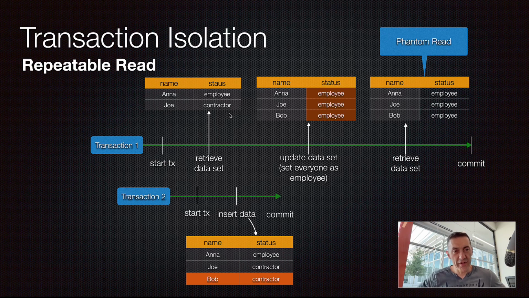The fourth isolation mode that I don't have a slide for, because you will find out why, is called serializable. And serializable gives you the highest level of isolation. Every single transaction, whenever it starts, whatever data set it gets, that data set is so isolated that the transaction has that data locked to that transaction.